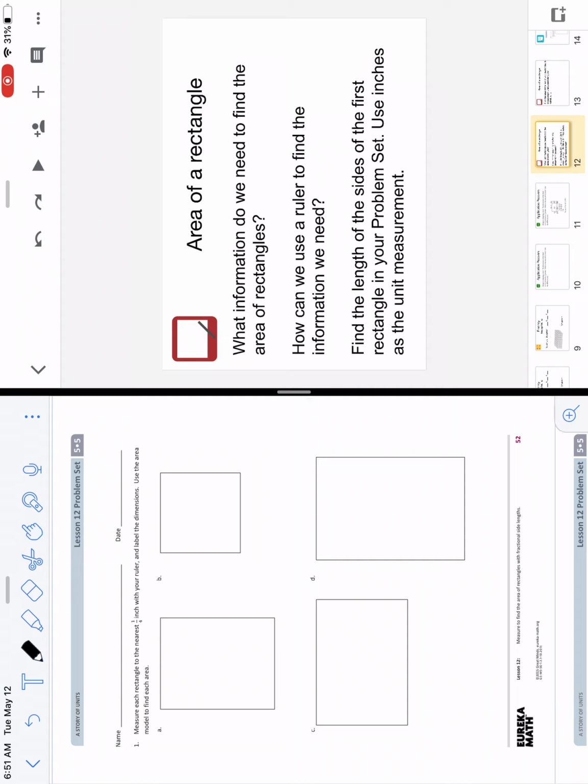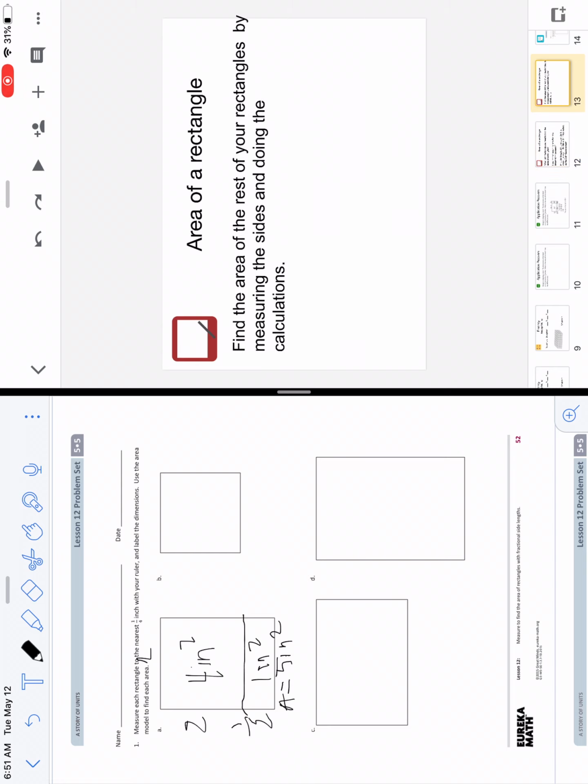Okay, so the one that we just did was 2 by 2.5. 4 inches squared plus 1 inch squared, which gave us 5 inches squared. And so now what we're going to do is find the area of the rest of the rectangles today.